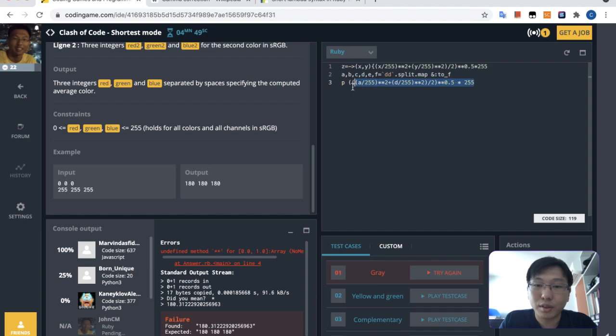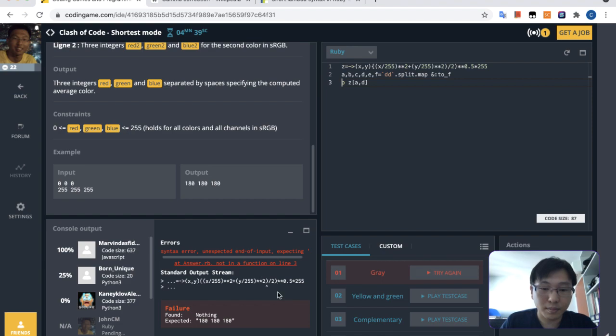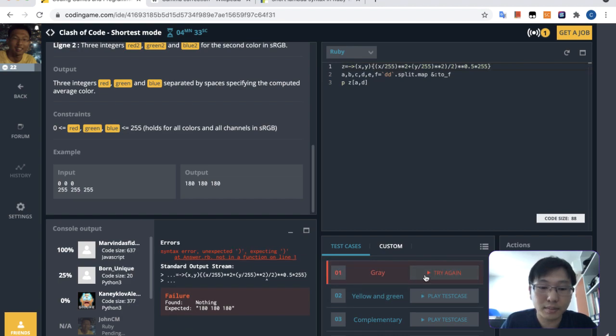Okay, so we have this lambda function z, so we can put in the parameters A, D. Okay, let's try to see this. Okay, so we forgot to put the close brackets. Okay, there's something wrong here. This bracket, this bracket. Okay, we are missing some brackets here.